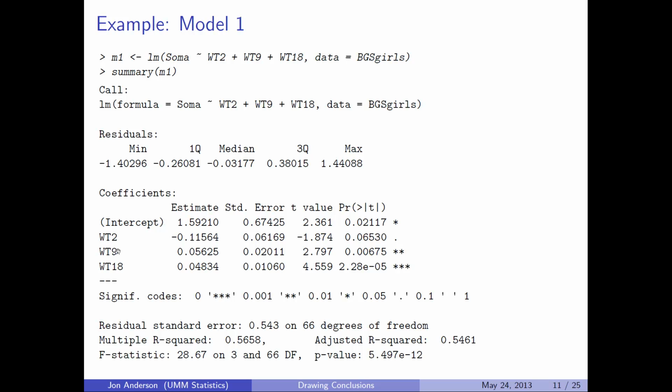Try to interpret this. Holding weight at age 9 and weight at age 18 constant, increasing weight at age 2 seems to be associated with a decline in somatotype, and that is just hard to understand and hard to really believe that that's the real effect. Part of the problem with this particular model is that the weight at age 9 and weight at age 18 variables are heavily correlated with weight at age 2.